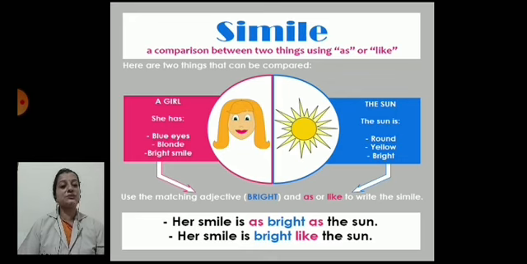But here we have used like. In both sentences, the comparison between the girl's smile and the sun using as and like is simile. So here we can see that there is comparison between two different things using as and like.